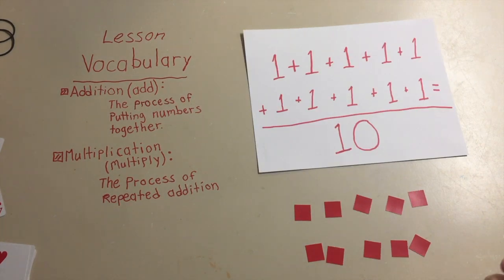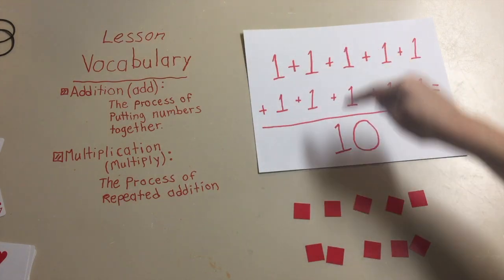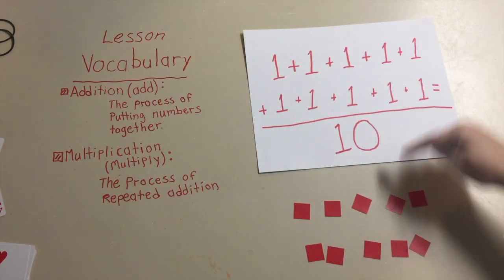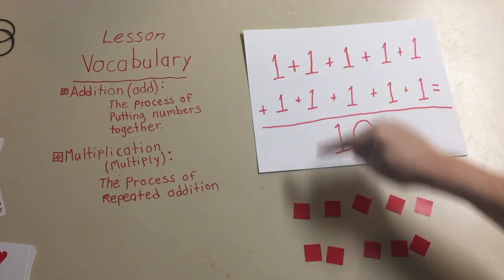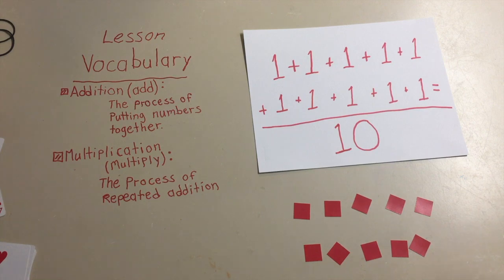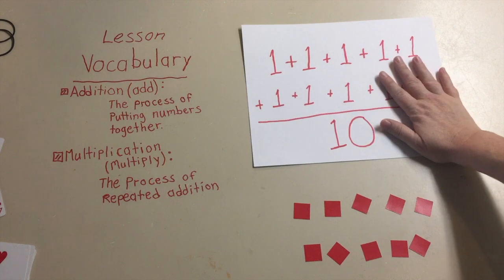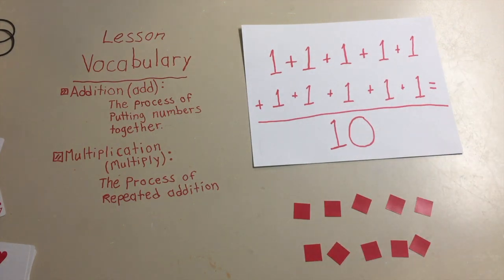So you noticed that you were saying 1 plus 1 plus 1 plus 1 plus 1 plus 1 plus 1 plus 1 plus 1 plus 1 equals 10. And you're saying, Miss Sky, there has to be a better way. Because if I were counting out something bigger than 10, this would get very old very quickly.